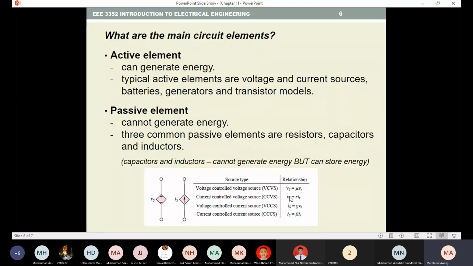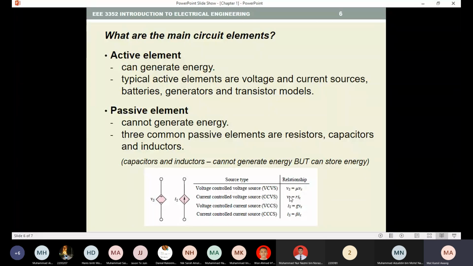The passive elements do not generate energy, they absorb energy. The common passive elements are the resistors, capacitors, and inductors. So you have to remember that when you talk about elements, you have two categories: active elements and passive elements. Active generate energy, passive absorb energy.